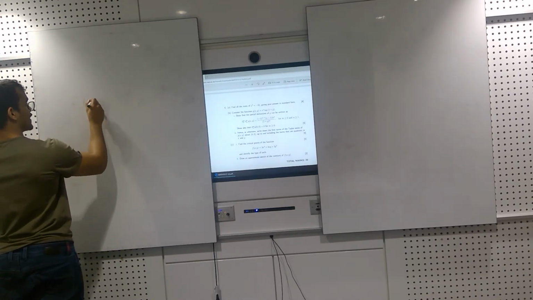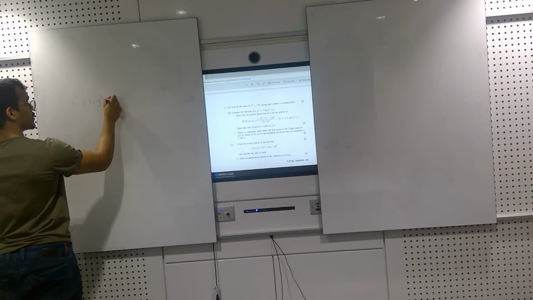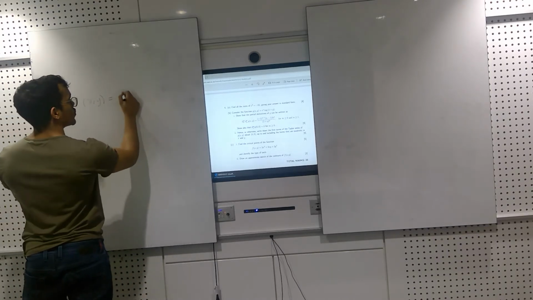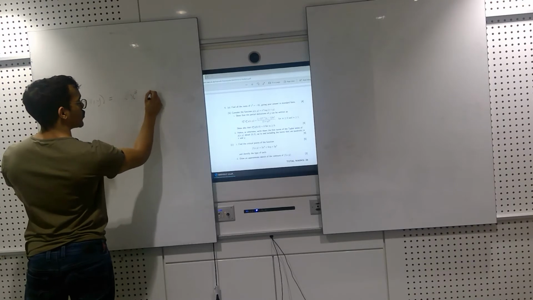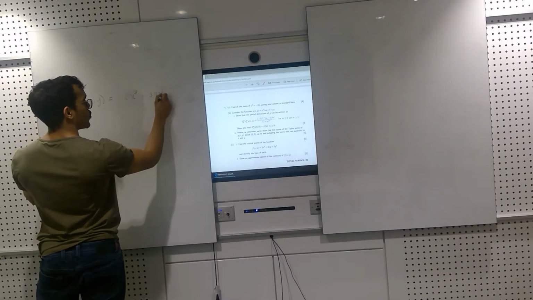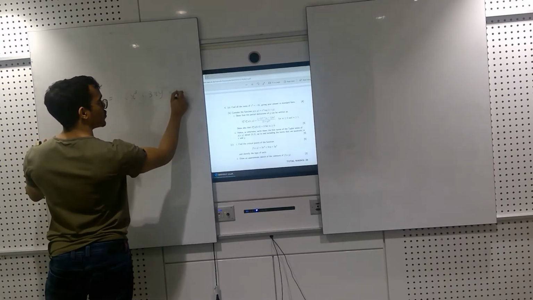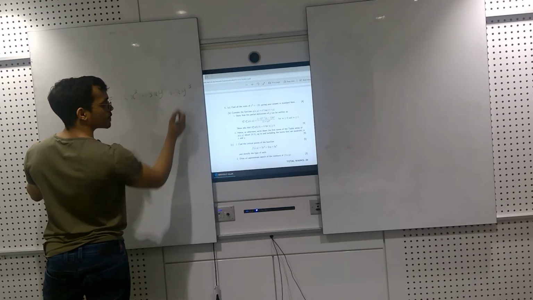So f of x, y will be equal to 2x cubed plus 3xy plus 2y cubed.